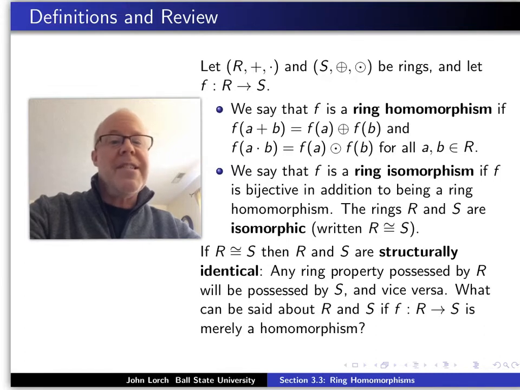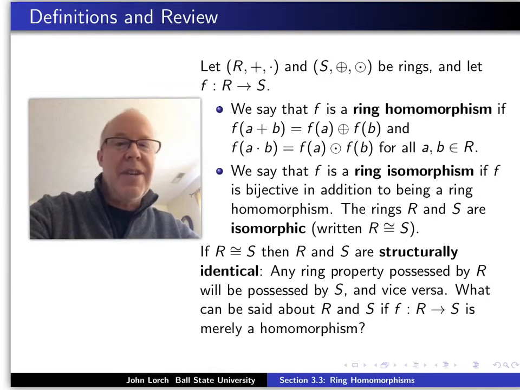So for instance, if R and S are isomorphic rings, then if R is commutative, S would have to be commutative. If R has identity, S has identity. If R is a field, then S is a field, and so on.